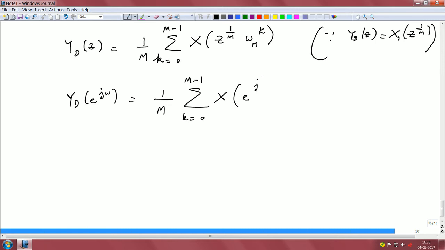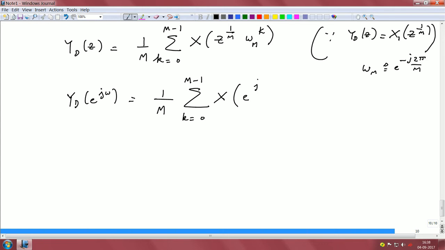The mth root of unity omega m, to recall, is e power minus j 2 pi by m, right.